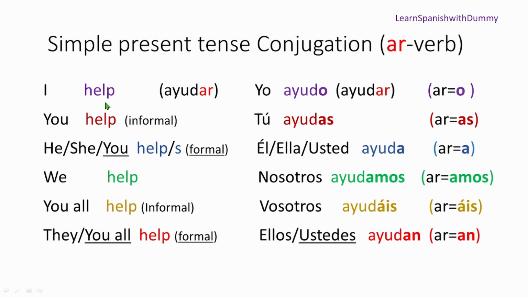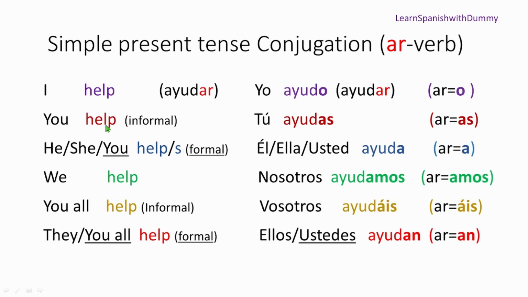In English we don't have much conjugation. Now, you help. This is the informal one. It's tú ayudas. Again, the original verb's AR ending is replaced with AS, so it becomes ayudas. Tú ayudas, you help.